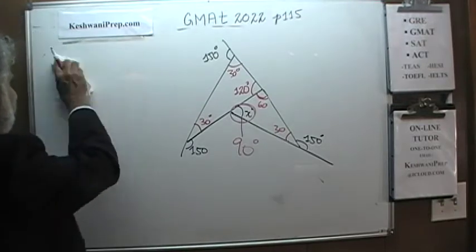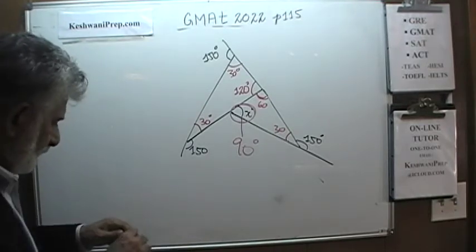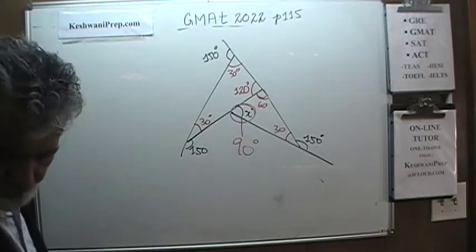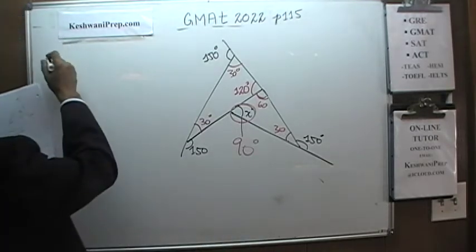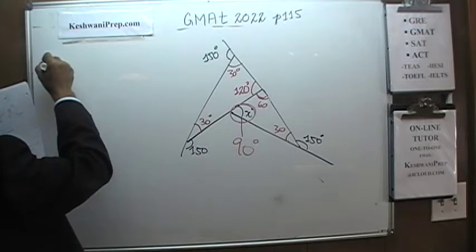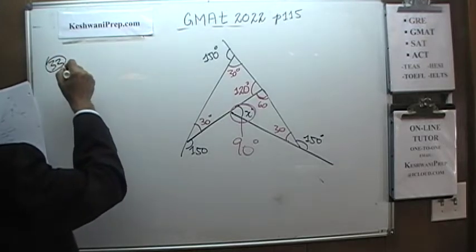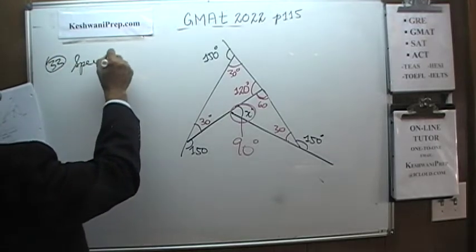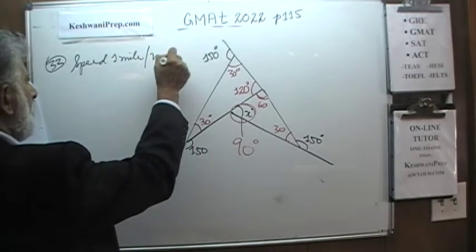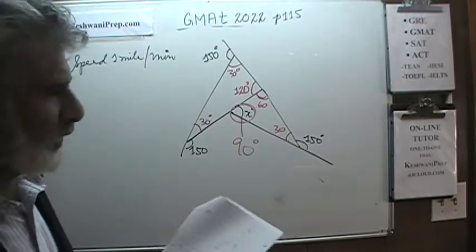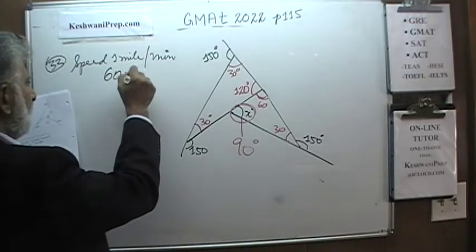Number 33. Number 33 says that we are going at the speed of 1 mile per minute. 1 mile per minute is a very annoying way of saying that we are going 60 miles per hour.